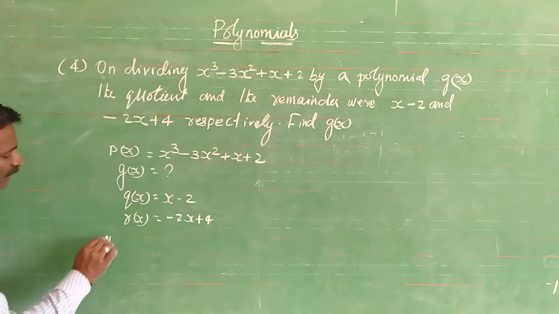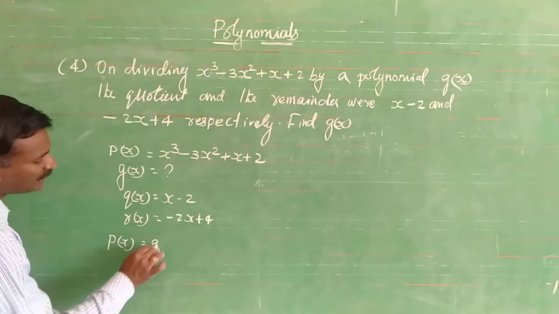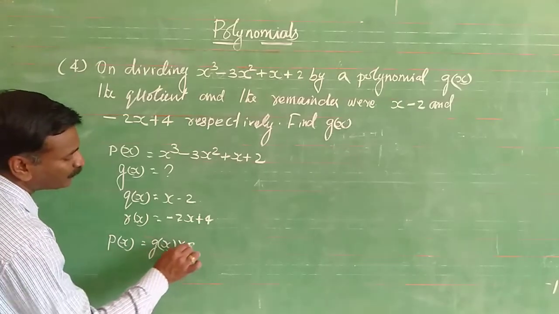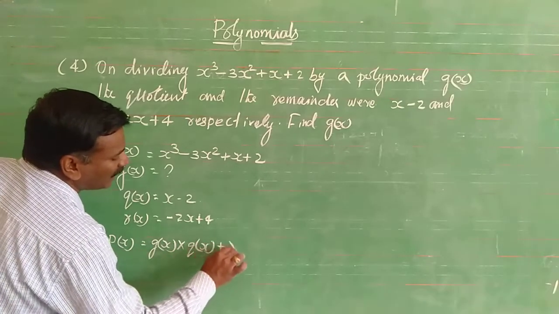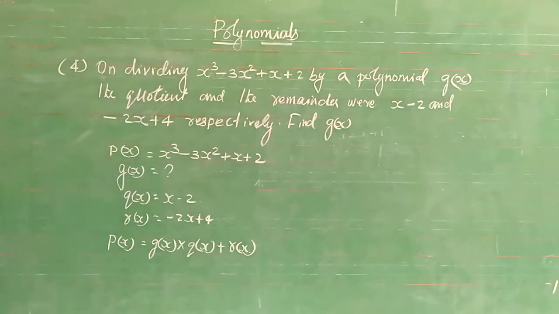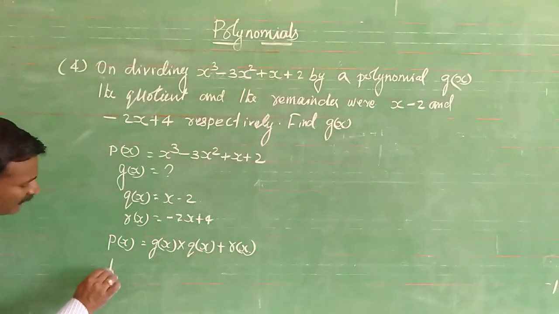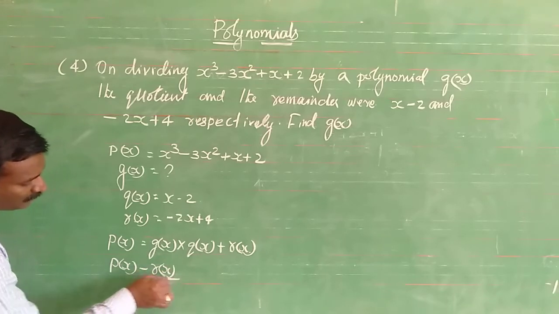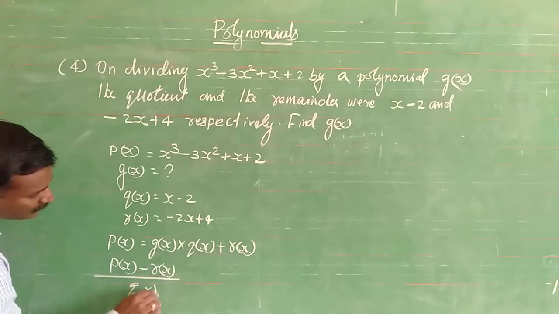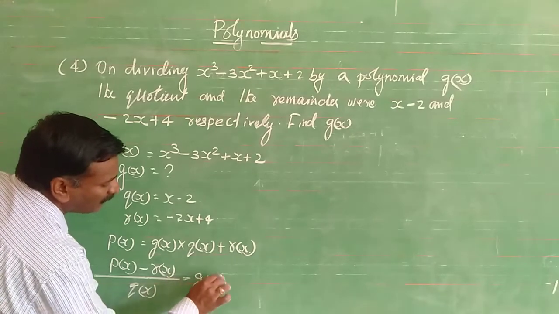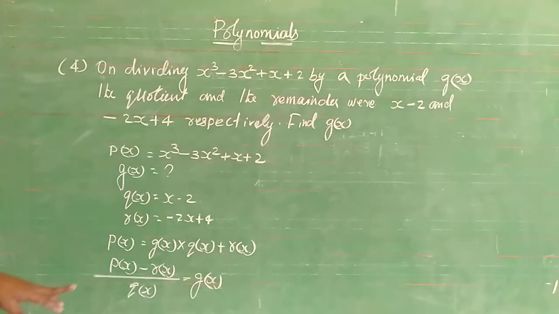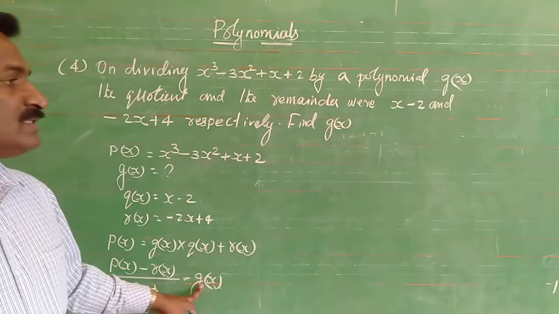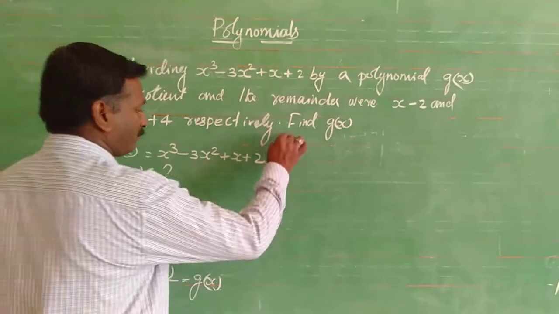Now p of x equals g of x into q of x plus r of x. So p of x minus r of x divided by q of x equals g of x. G of x is the divisor we want to find out.